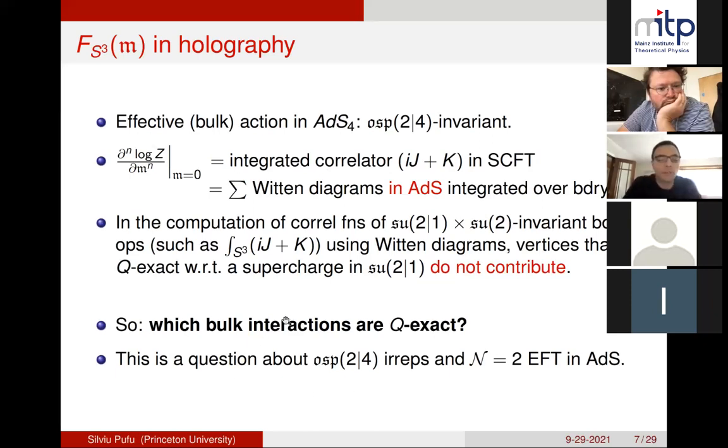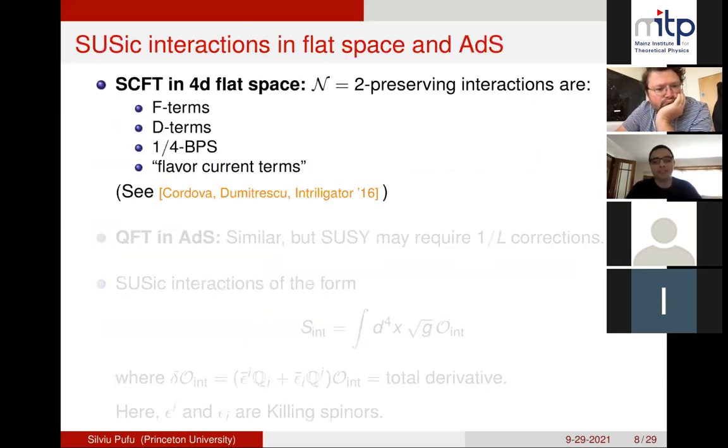Okay, so one obvious way to answer this question would be to ask somebody who knows something about superspace. The point of the rest of the talk is that even if you don't, there's still hope. So let me try to explain how to address this question. First of all, it would be nice to have some list of interactions in AdS.